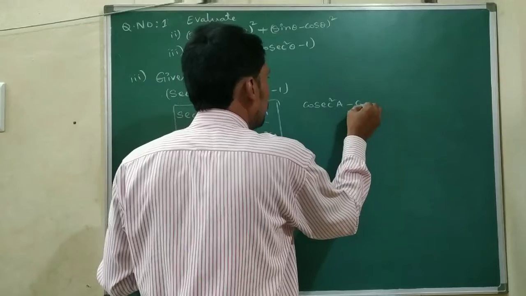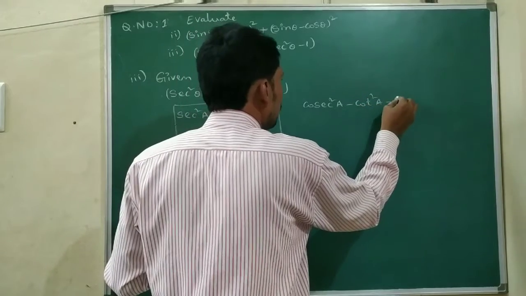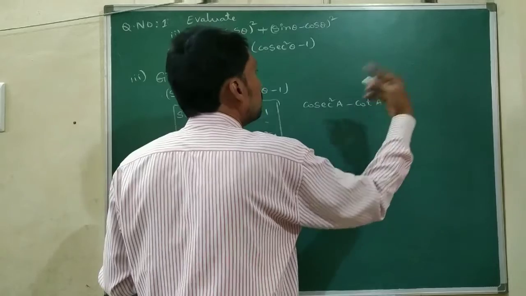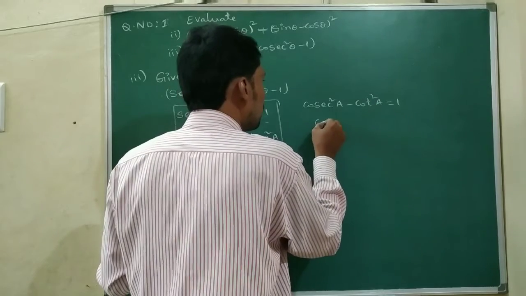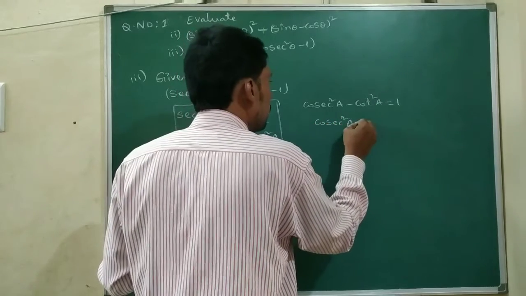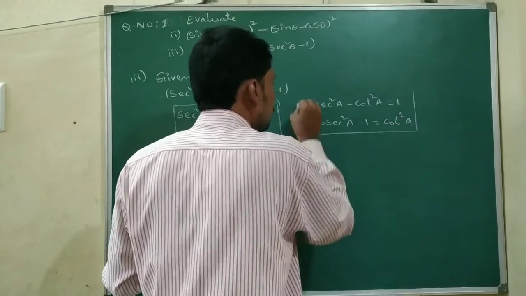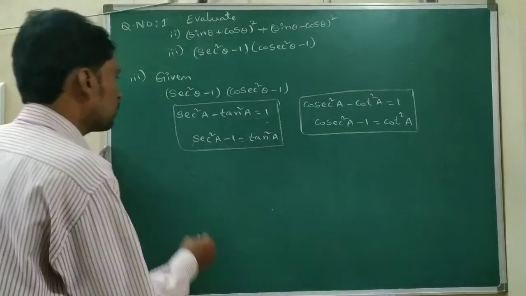Cosec square A minus cot square A equal to 1. This 1 I am transposing to the left and this minus cot square A I am transposing to the right. What are we getting? Cosec square A minus 1 equals cot square A.